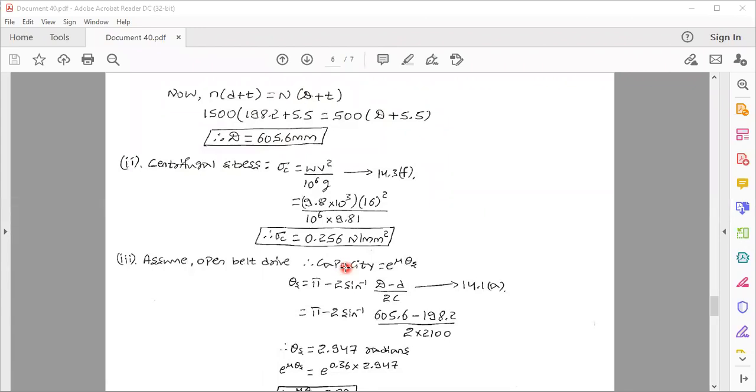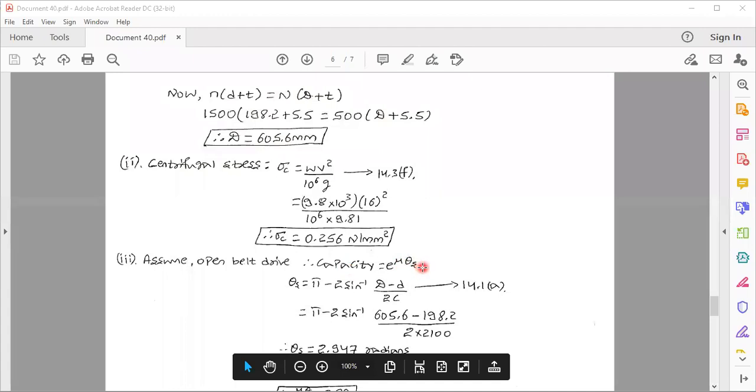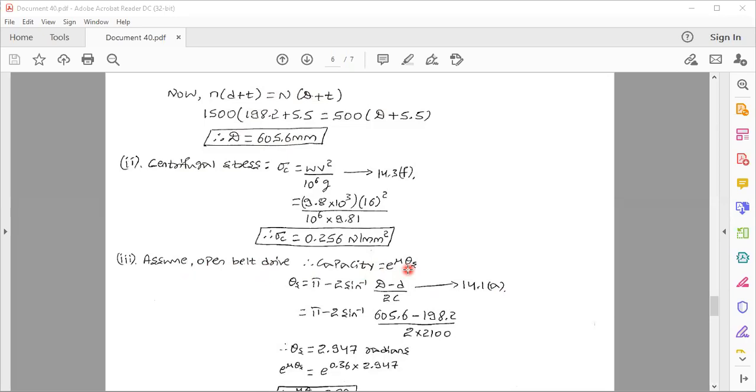Driver is the smaller pulley, that's why we'll take it as theta s. In this case theta s is not given, you need to calculate that. Mu is given. Theta s from 14.18. Here I assumed it as open belt because in this case you need to calculate the value of angle of contact.